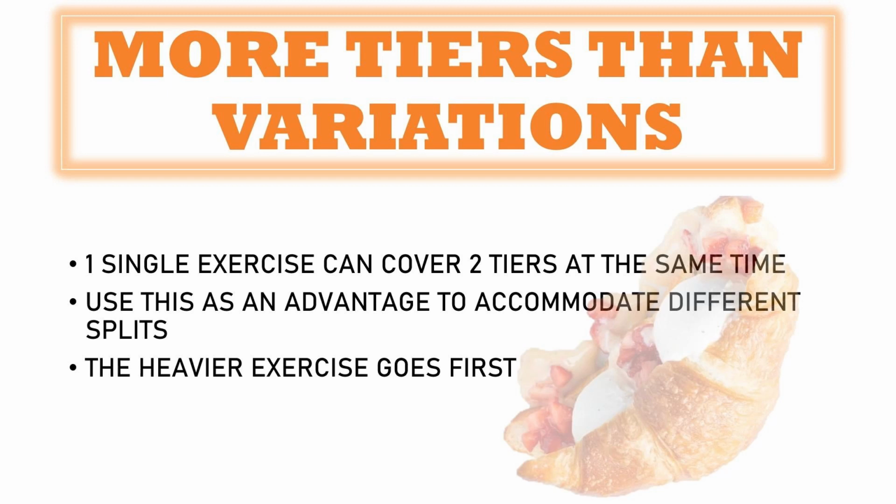This will make it easier to accommodate these phases into different splits, and you can adjust them to your own needs. Always start with the heaviest exercise. If you're doing bench and dumbbell bench, that are both compounds, start with the barbell exercise.